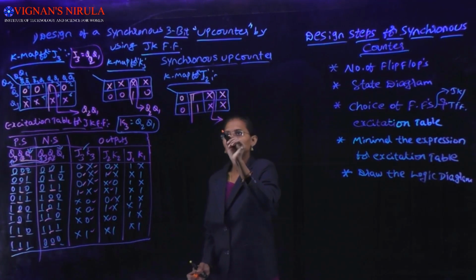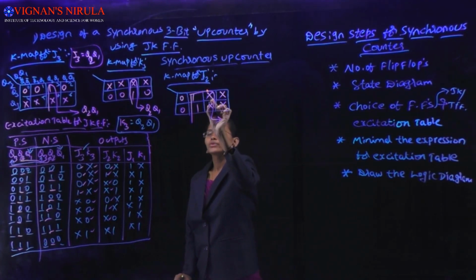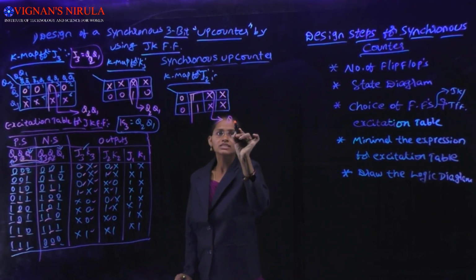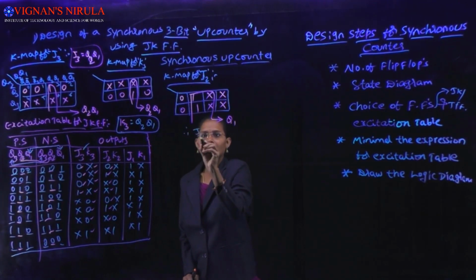The product terms are Q2 bar Q1 and Q2 Q1. Q1 is the common variable. Then finally J2 equal to Q1.